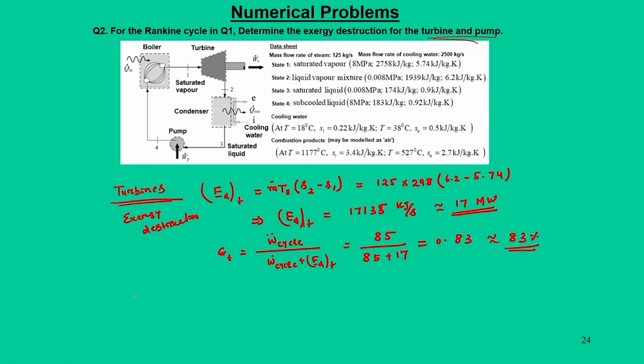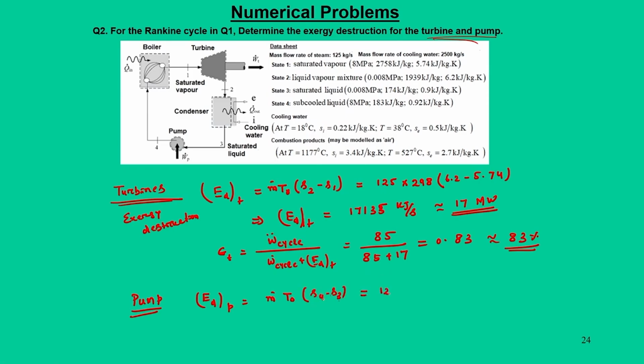And similarly for pumps, and in the power plants the pumps normally take the least energy, or negligible energy. So, just for the sake of calculation, if you try to calculate exergy destruction for the pump, it will be m dot T0 into S4 minus S3. As per the numbers, the entropy difference is quite low.